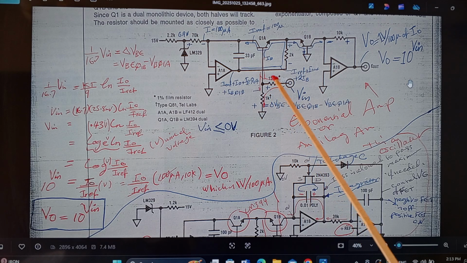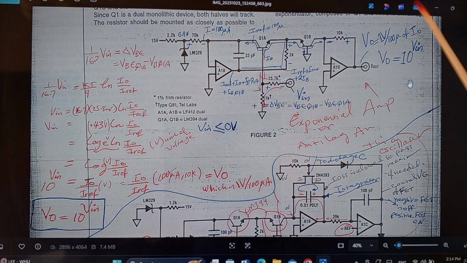You can change the value of these resistors anyway, but they have to have the same ratio, which is 1K to the 15.7K. In case you want something to the log to 8, or you want to have log to the 4 instead of 10 or natural, whatever, you just reselect those two resistors.